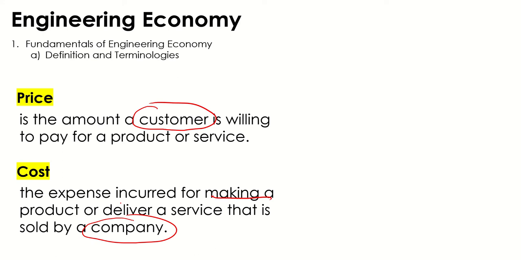So here we deal mostly with cost because we are assuming that you are the company, because you are the engineer who is solving a problem using a product or a service. Okay, I hope that's clear.